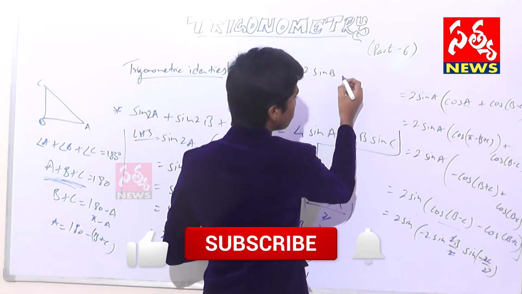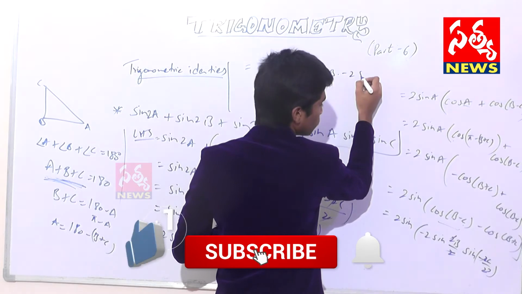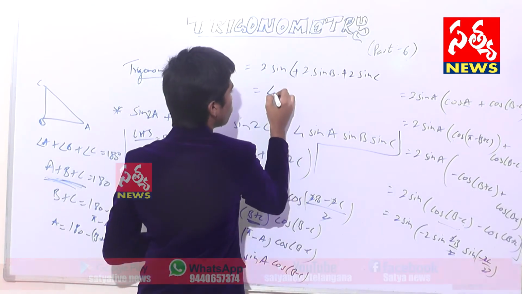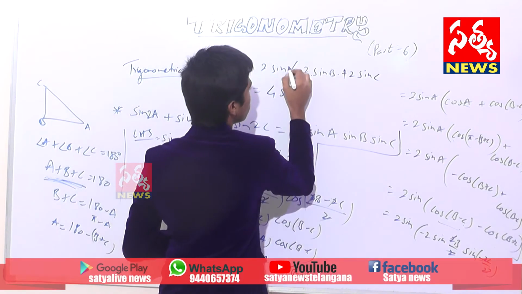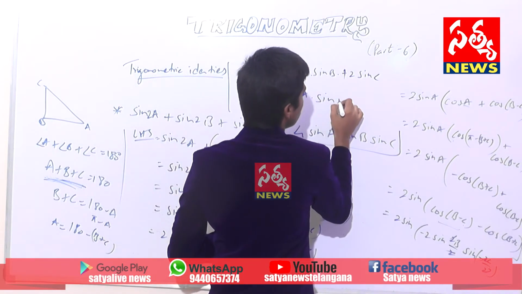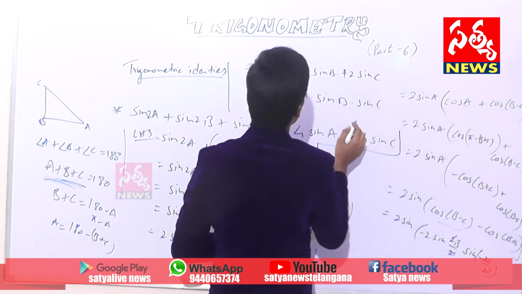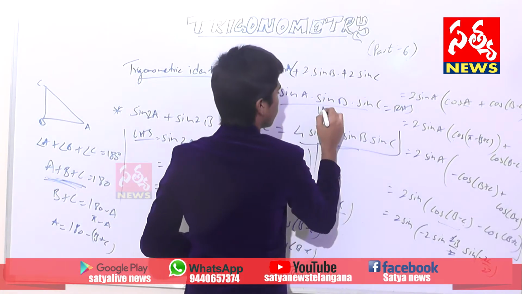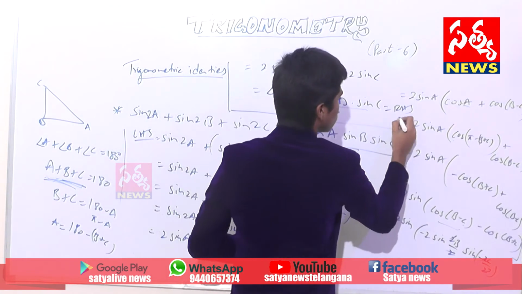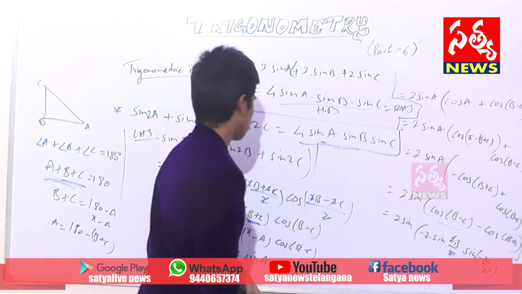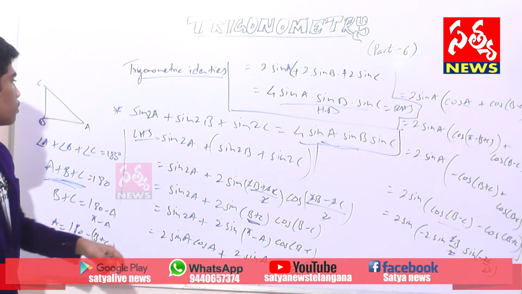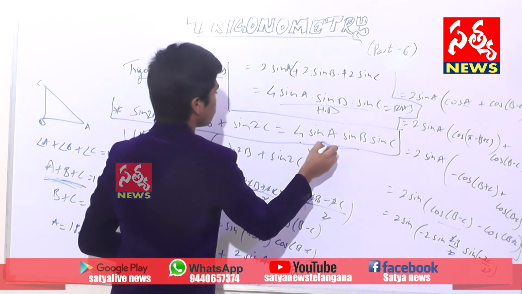Minus 2 sin B into minus 2 sin C. Minus minus gets plus. 2 into 2 is 4 sin A into sin B into sin C. See, this is our RHS. Hence proved. Okay, this is the proof for this identity.